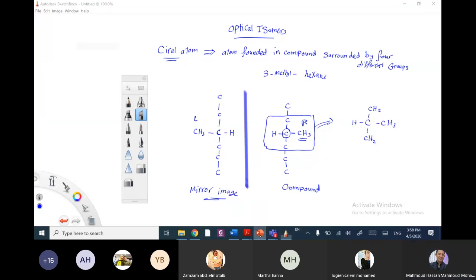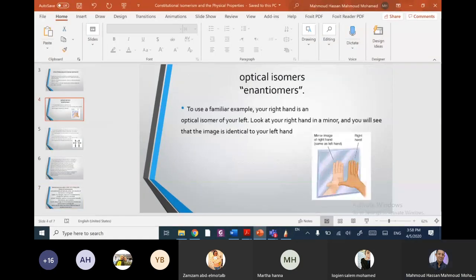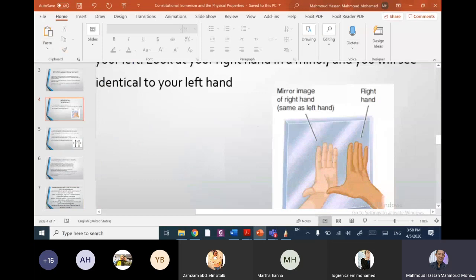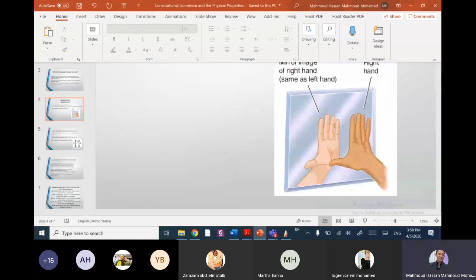The compound and the optical isomer are represented as the compound and its image in the mirror. If you put your hand in front of your image in the mirror, they will be the same. But if we remove this hand and put the left hand over the right hand, you will find the position of the fingers is different.